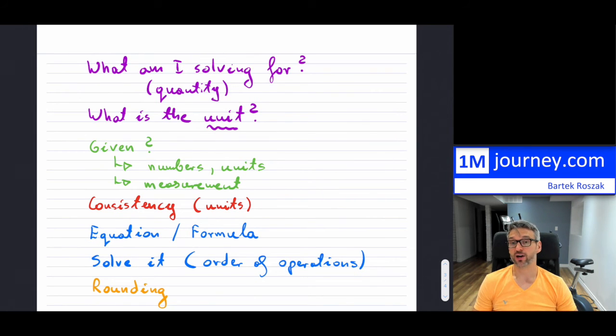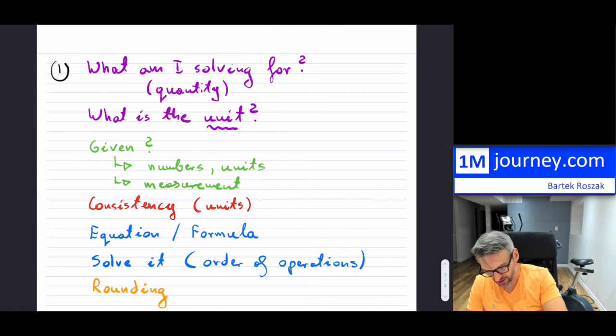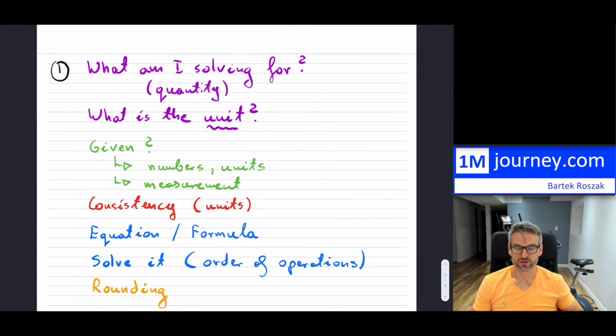So when I take a word problem, the first thing that I typically think about is, as I mentioned, what is it I am trying to solve for? What quantity is it? I'll try to read the word problem and then find that exact thing that they're asking me for. They might say, find the distance or the amount of energy or something like that.